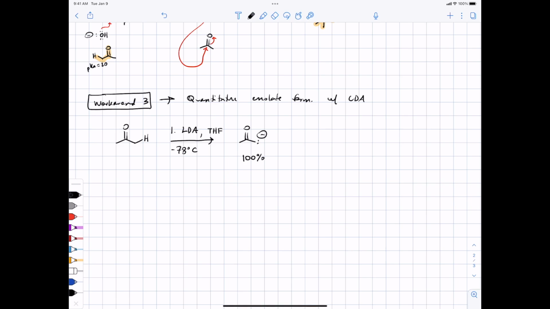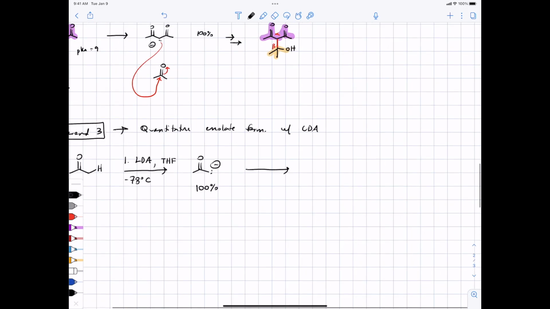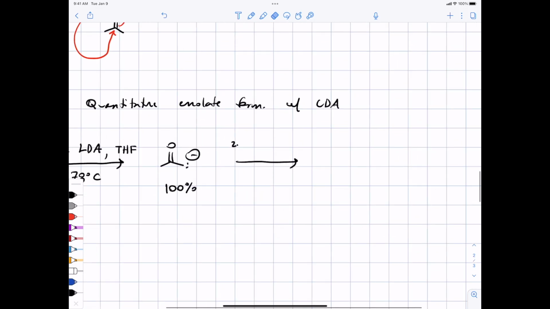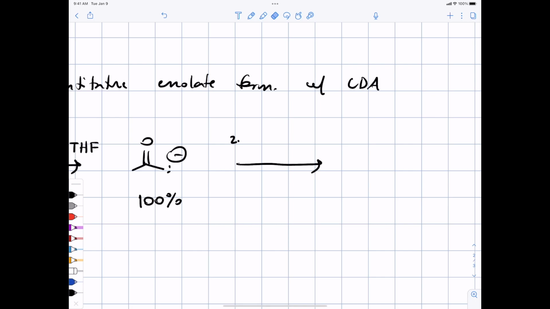It's only then at that stage that you introduce your carbonyl compound. And hopefully, if you're careful and you run the reaction at low temperature, you don't get enolate exchange. Here I'm choosing an aldehyde that does have an acidic alpha proton.